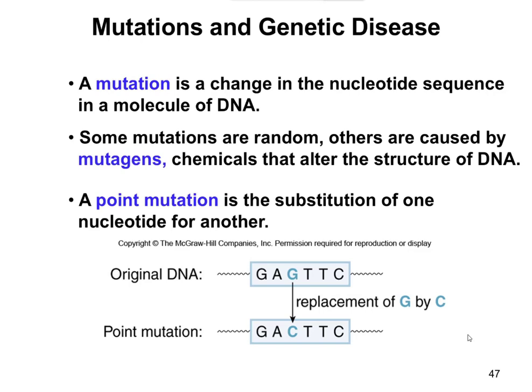Well, the consequence of a point mutation is going to completely depend on where it occurs within your genome, where it occurs within your chromosome, where it occurs within your particular gene of DNA. Is it part of your DNA that leads to the expression of a protein? And if it is, do you actually change the amino acid or not? So there's a lot of variability with these different mutations.